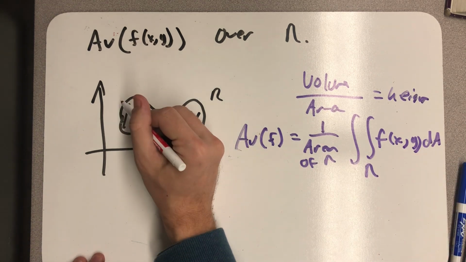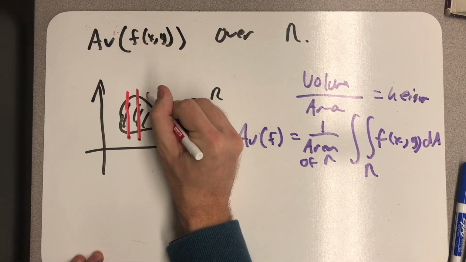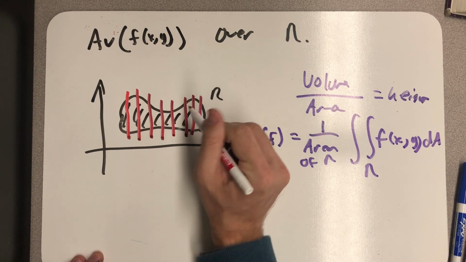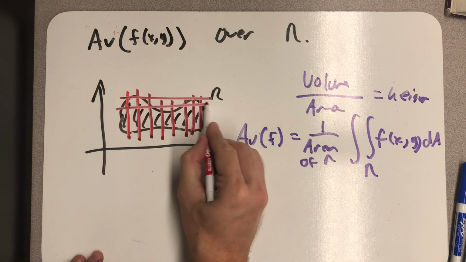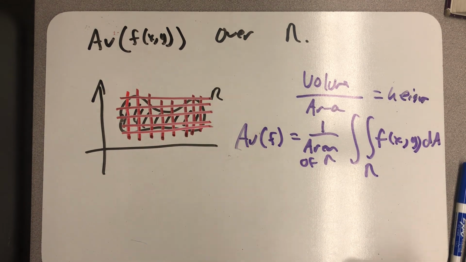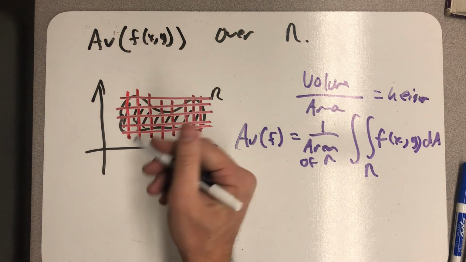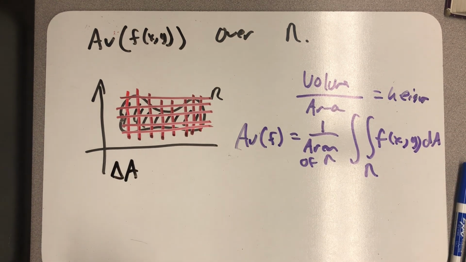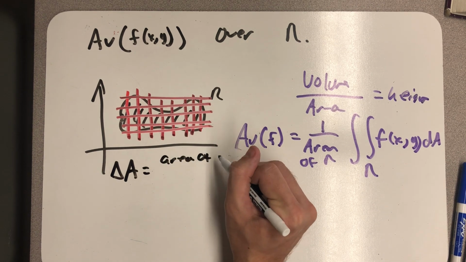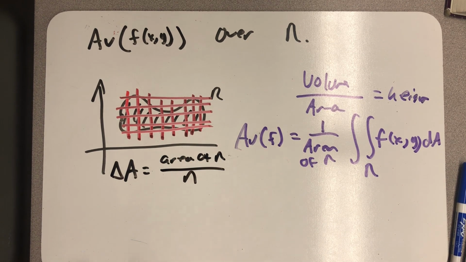So I want to imagine that I divide this region up using rectangles of equal area this time. What that would mean is every single one of those little areas would be the total area of R over N.